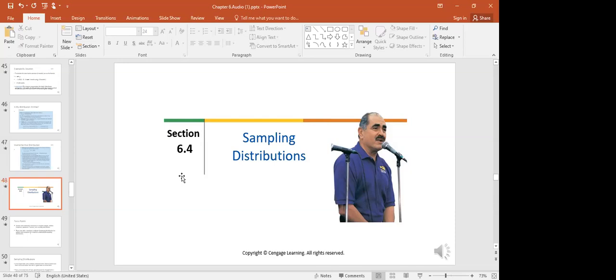So in sampling distribution, we are getting back to statistics. So remember that in statistics, we say that a random sample is a portion of the population that is representative of the population. So we will consider sampling techniques as a method, as a probability experiment in which we want to choose a small portion of a large population.